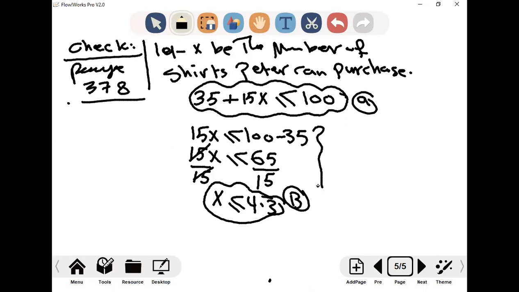Interpret the answer. Peter can buy only 4. He can buy 3 also. He can buy 2. It is less than. Can buy no more than 4, or 4 or less. Right? At most 4. Got it? So Peter can buy, part C, guys. It's important, part C.